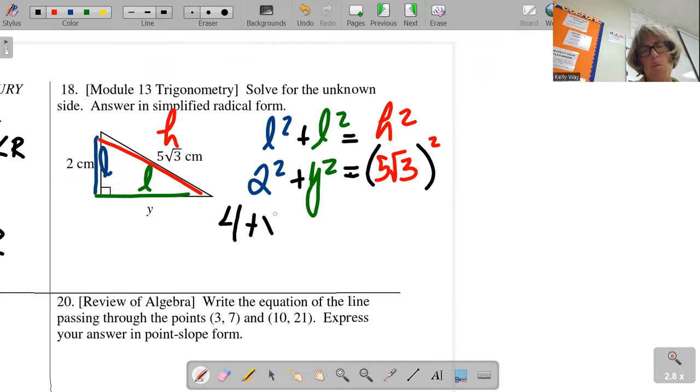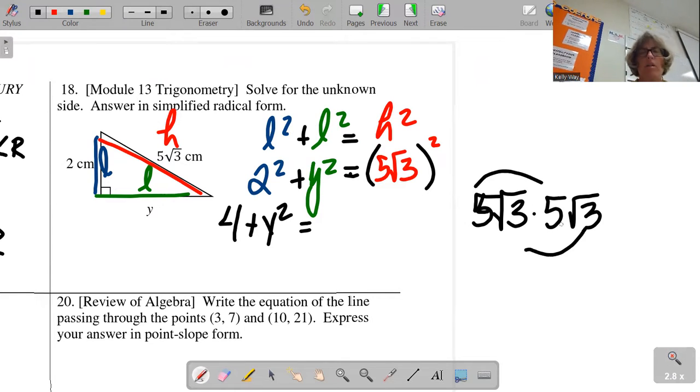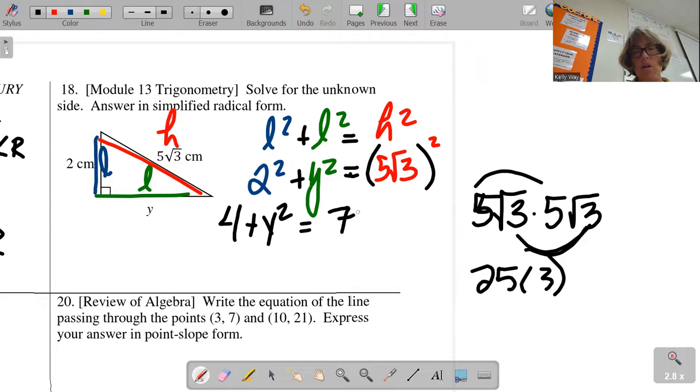This is 4 plus y squared. 5 root 3 times 5 root 3: outies, innies. 5 times 5, 25. Root 3 times root 3 is 3. So we have here 75.